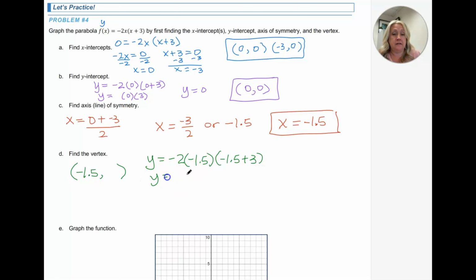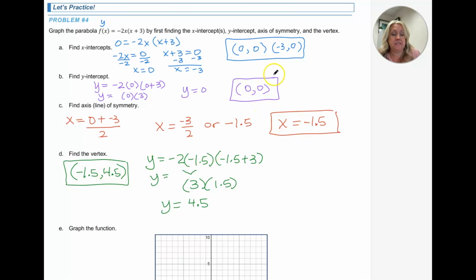Negative 2 times negative 1.5 is 3, and negative 1.5 plus 3 is 1.5. If I multiply those together, I get y equals 4.5. All right, so there is my vertex.